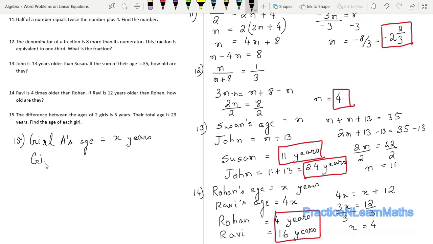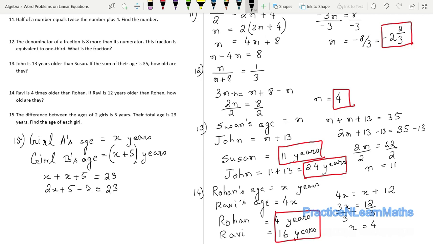Girl B's age is equal to x plus 5 years, since their difference of age is 5 years. So, since their total age is 23, we get x plus x plus 5 is equal to 23, so 2x plus 5 is equal to 23.